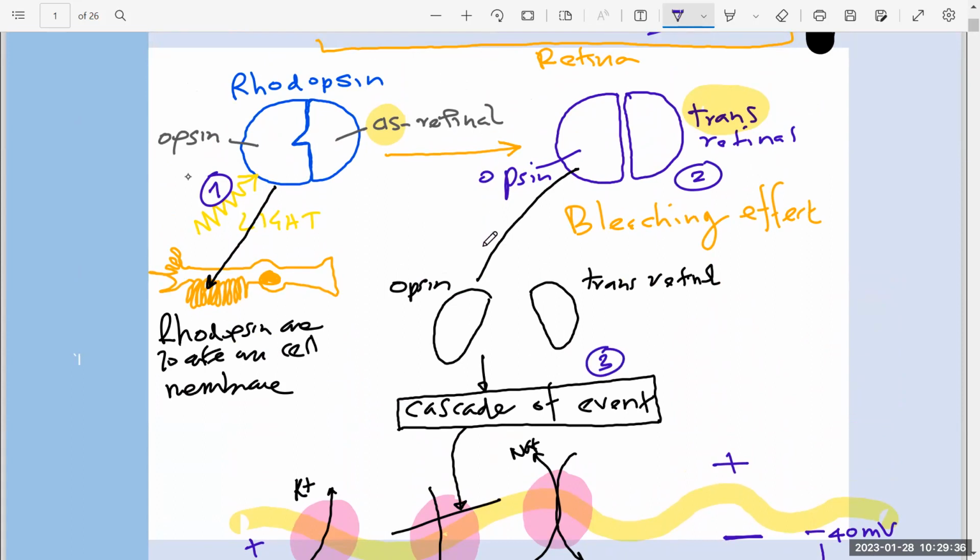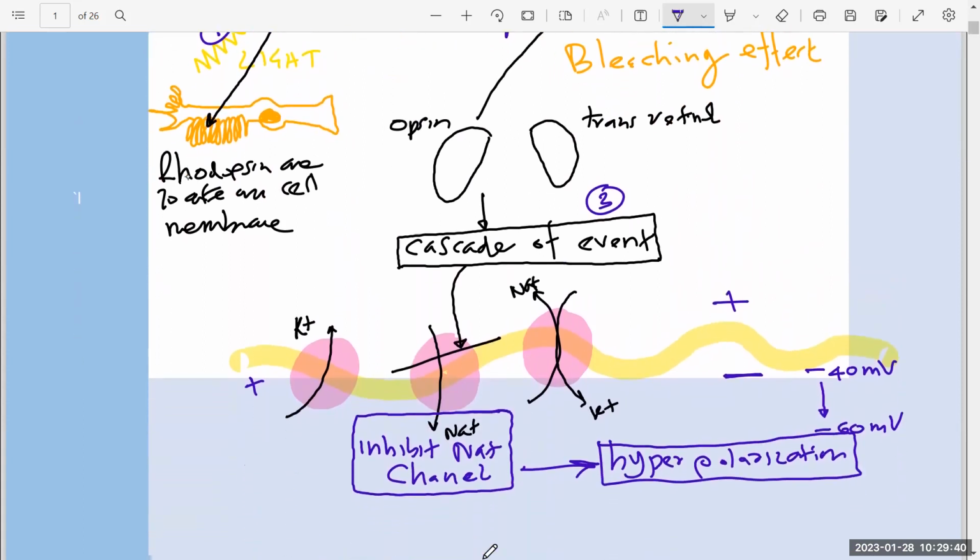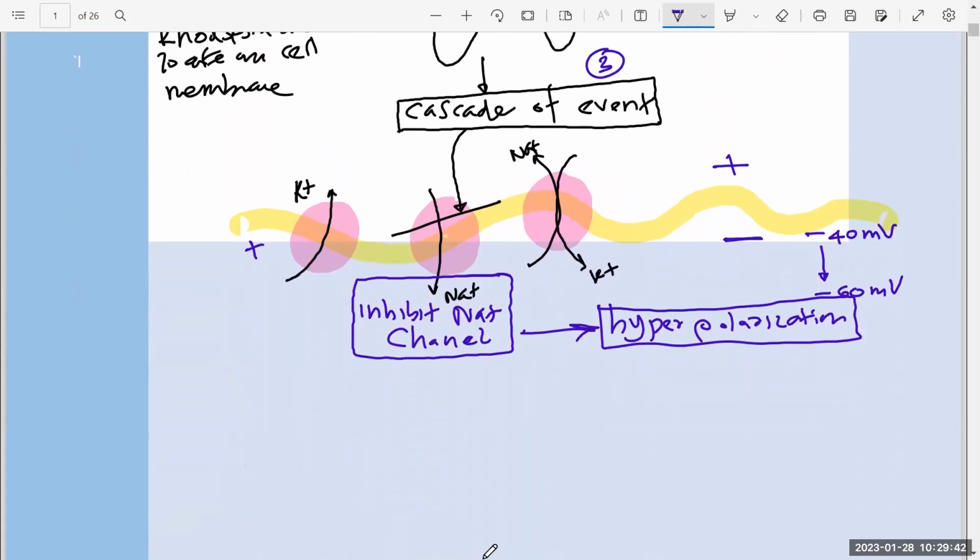The cascade of events inhibits the sodium channel. This leads to membrane hyperpolarization. The membrane becomes hyperpolarized.